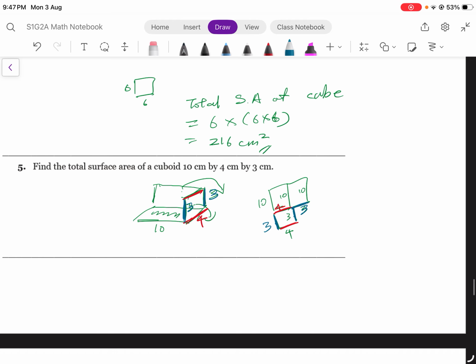Okay, so how do we find it? First off, we need to find the area of this one, 10 times 4.